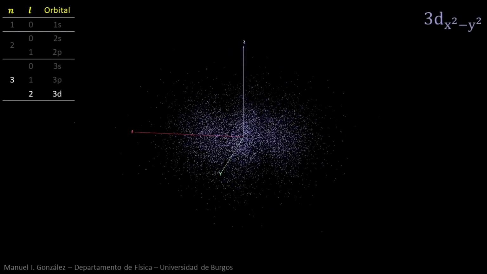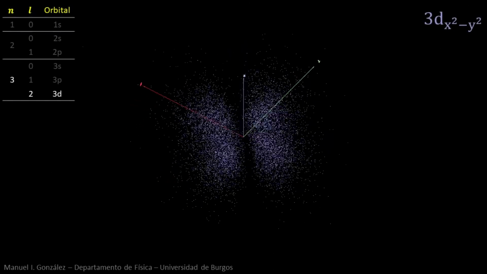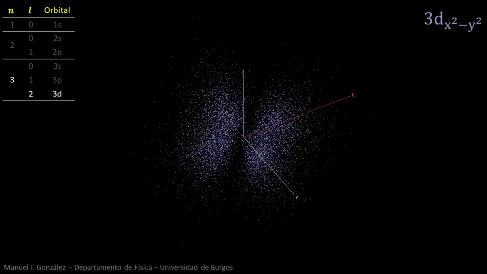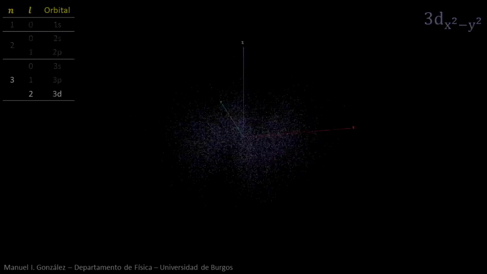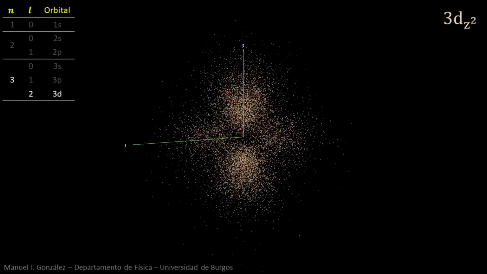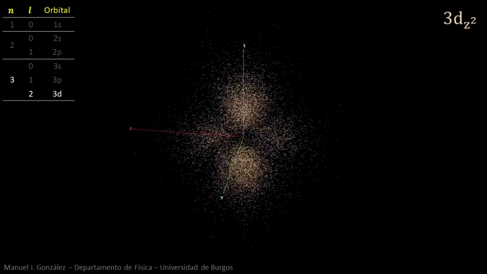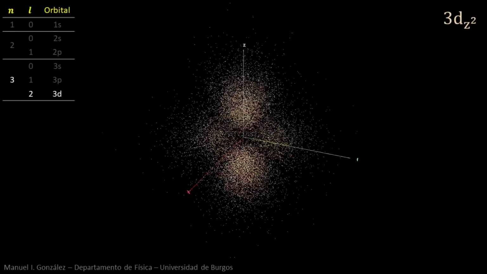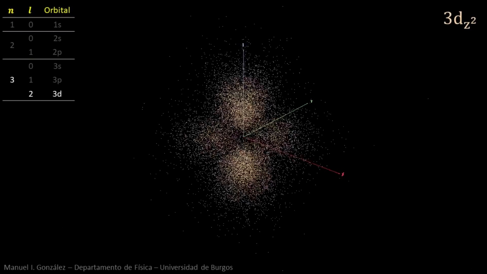The fourth one has 4 lobes along x and y axes. Finally, the fifth one has two lobes along the z-axis and a ring-shaped region on the xy plane.